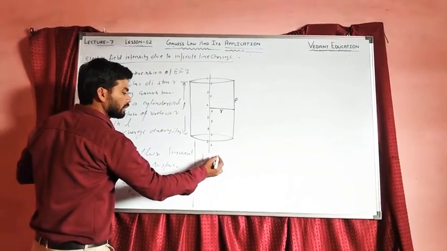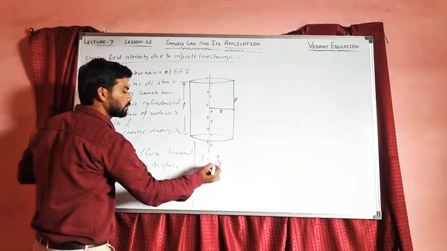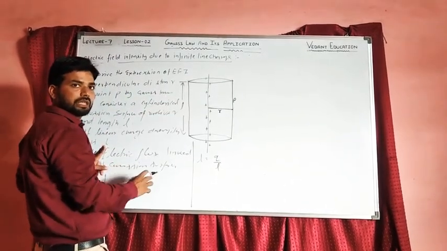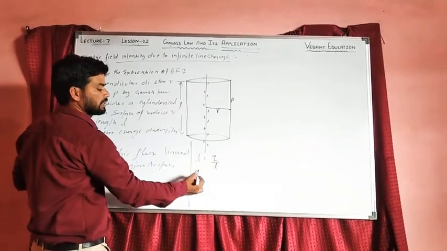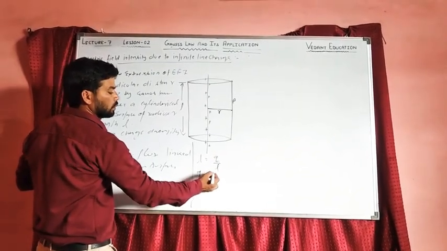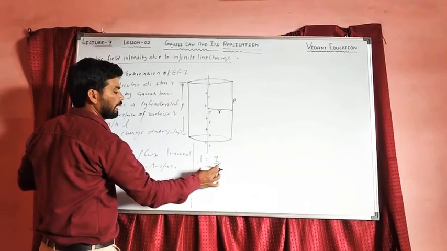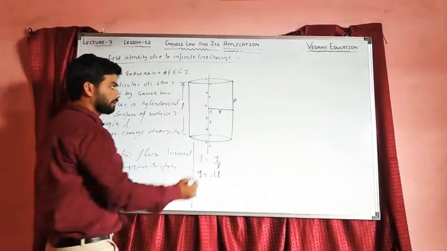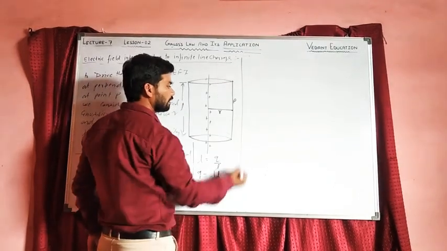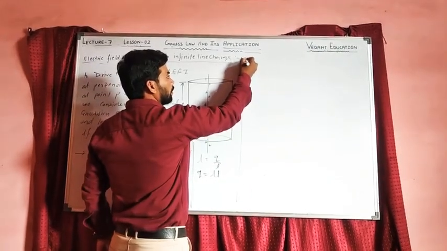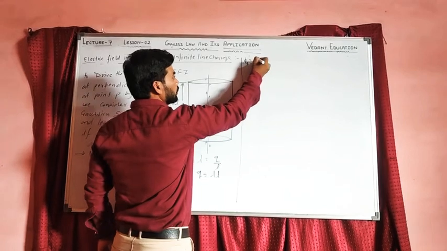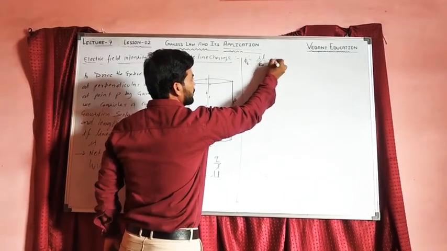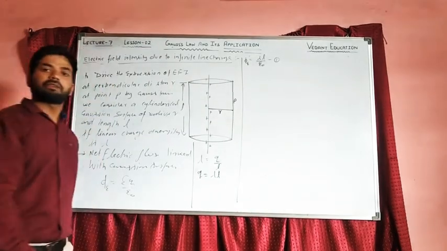Lambda is given by the total charge per unit length, where L is the length of this Gaussian surface. So the charge is Q equals lambda times L. So this equation becomes phi equals lambda L over epsilon 0. This is the first equation.